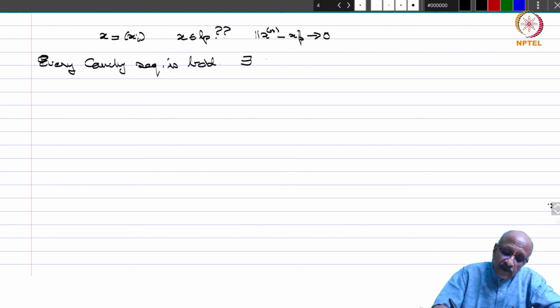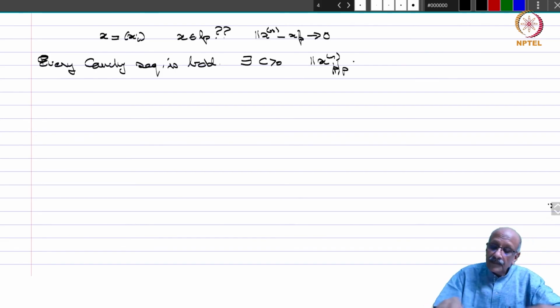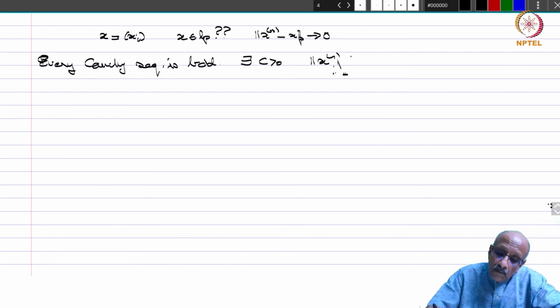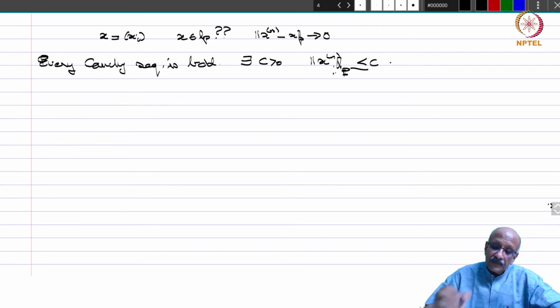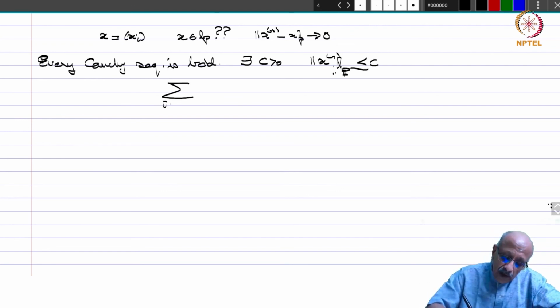Therefore, there exists a C positive such that ||x_n||_p is less than or equal to C. This means that the sum of |x_n^i|^p is less than or equal to C^p.